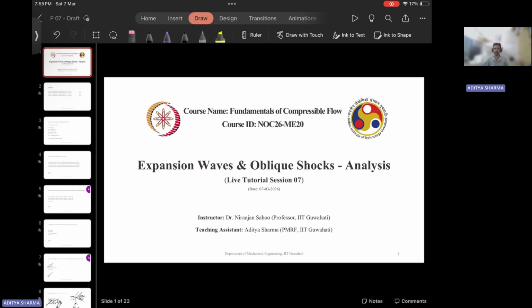Because of the relieving effect, the static pressure increase for an oblique shock in cones is low when compared with wedges. So this all we discussed in this session.